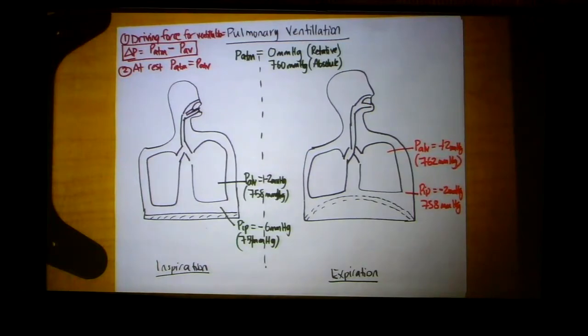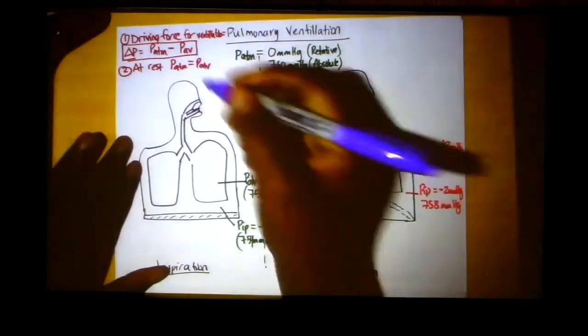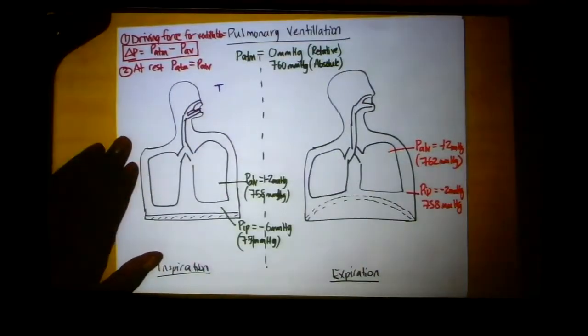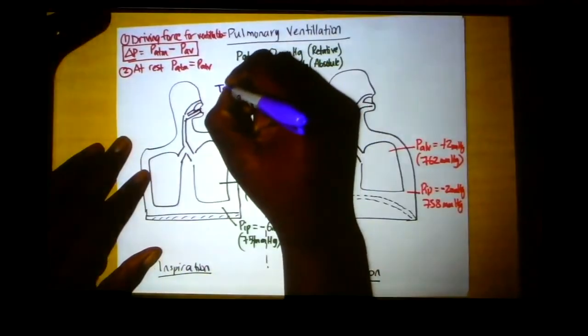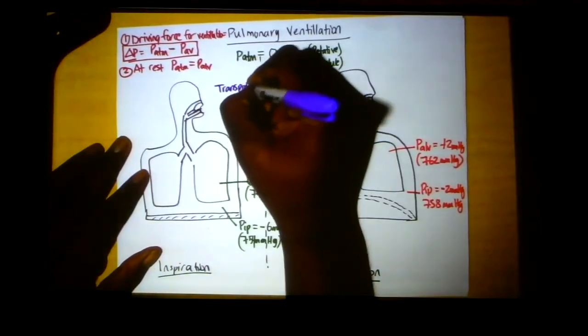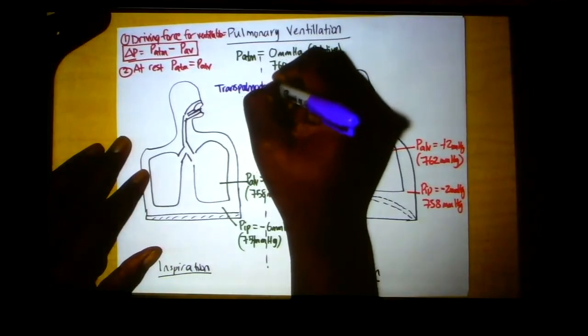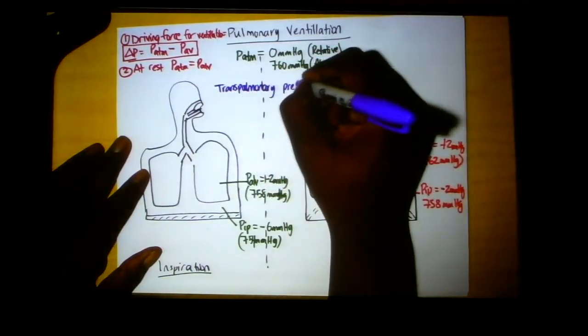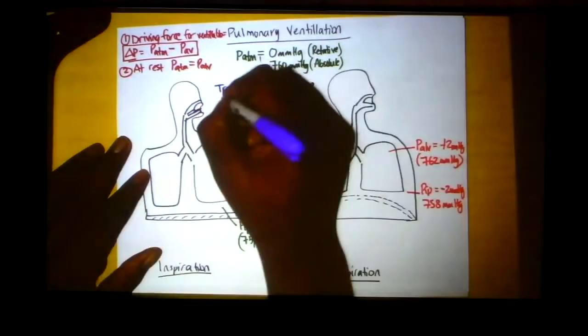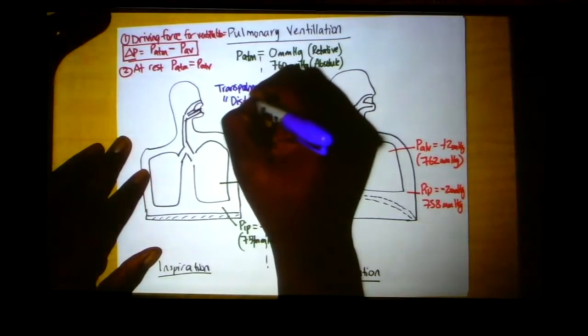All right, let's speak about the transpulmonary pressure here a little bit. So the transpulmonary pressure, we describe it as being the distension force, so the force for distension. Right, we said that was the distending pressure.